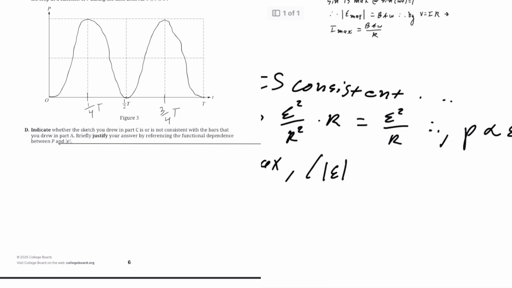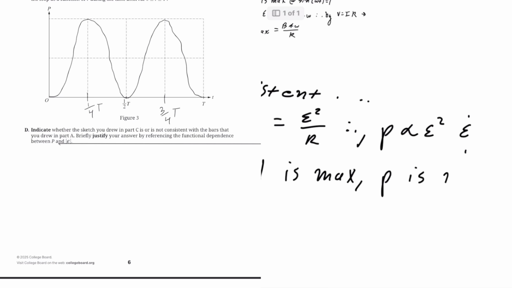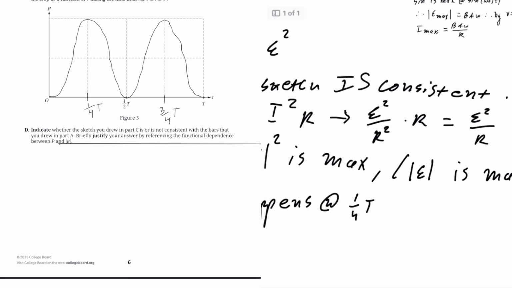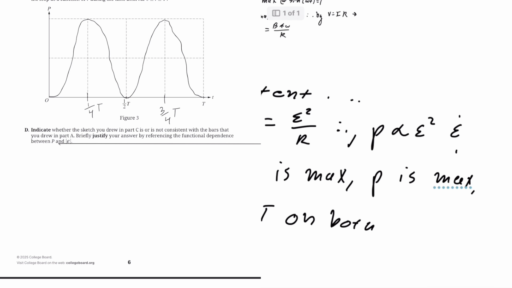It doesn't matter. When this is max, P is max. This happens at 1/4 t and 3/4 t on both graphs. Excuse my handwriting. Therefore, they're consistent.